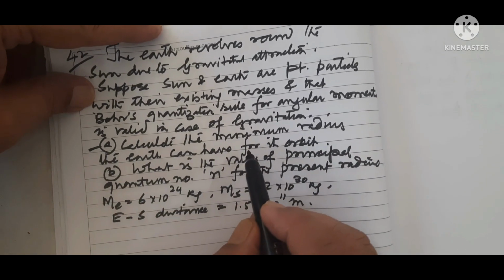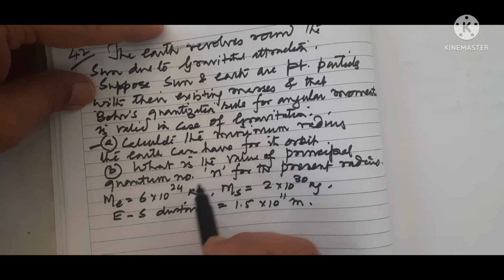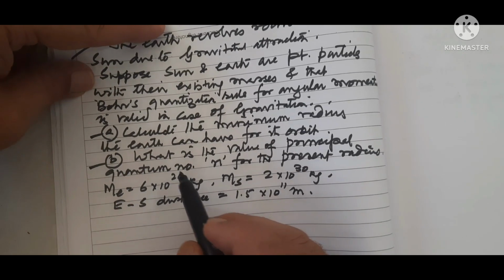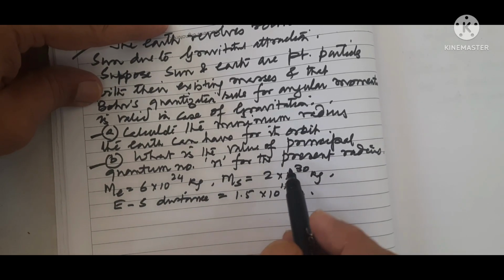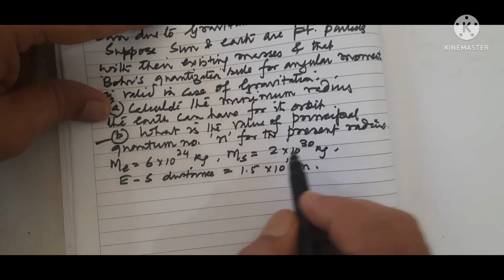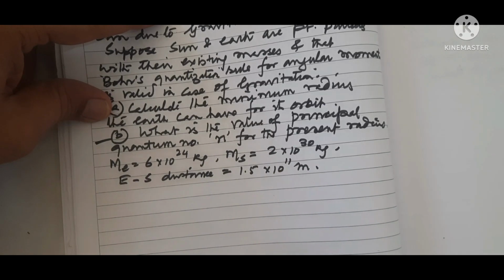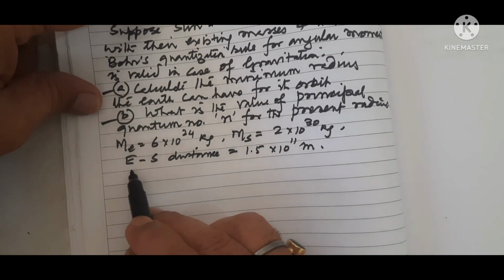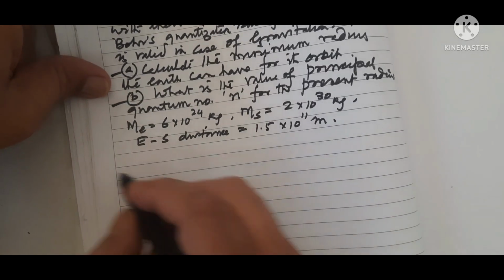Calculate the minimum radius the earth can have for its orbit. And B, what is the value of the principal quantum number n for the present radius? Given mass of the earth 6 into 10 to the power 24 kg, mass of the sun 2 into 10 to the power 30 kg, distance between earth and sun is 1.5 into 10 to the power 11 meter.